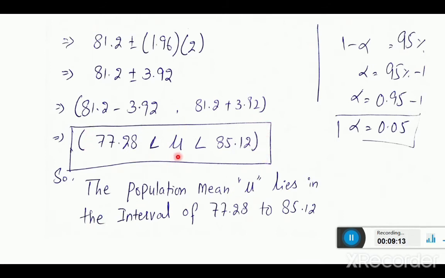That is the confidence interval, the range in which the population average value lies. About this we are 95% confident that when we select our sample, the population mean mu lies in the interval of 77.28 to 85.12.